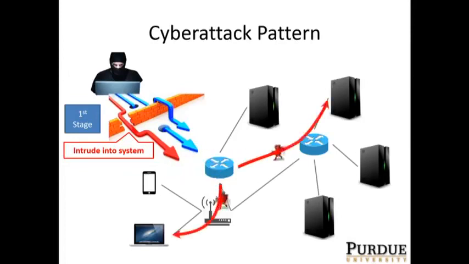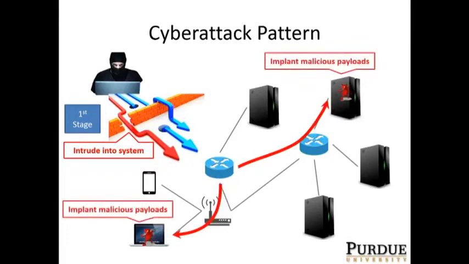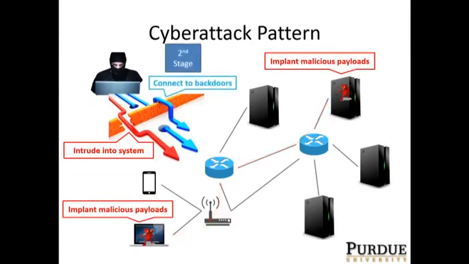Then they will implant their persistent malicious backdoors and payloads into some victim machines. In the second stage, the hacker will infiltrate into the network again and connect to the backdoors that they implanted in the first stage.